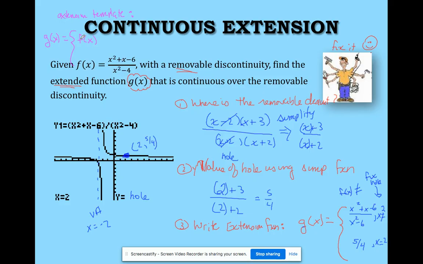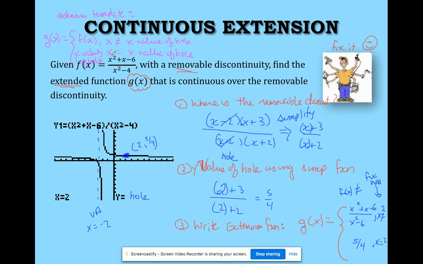The first line is the original function, comma, x does not equal the x value of the hole. And then when x does equal the x value of the hole, over here you put the y value of the hole.